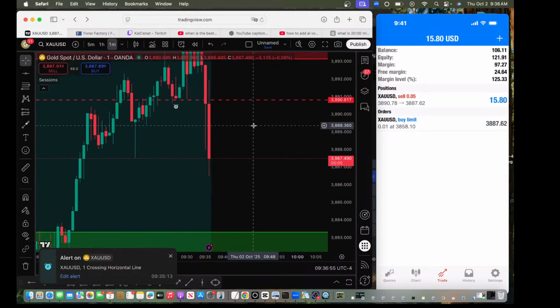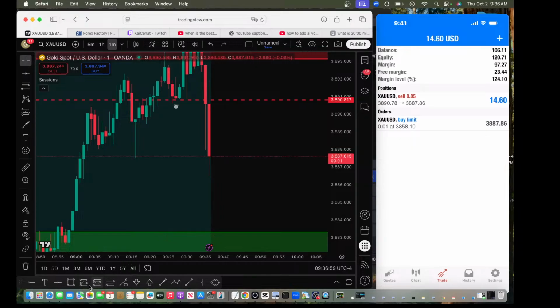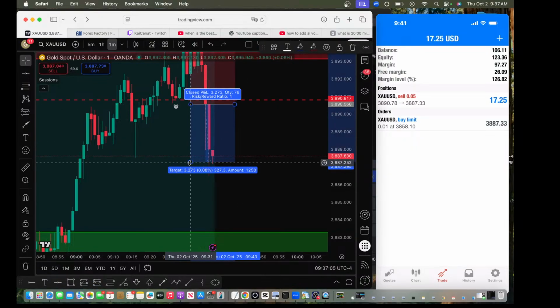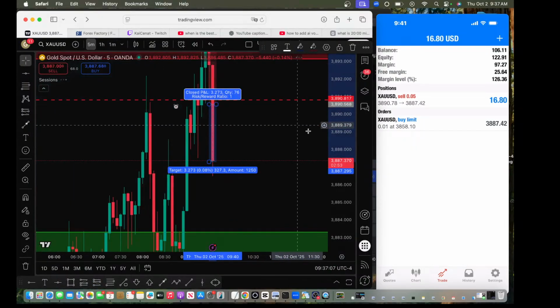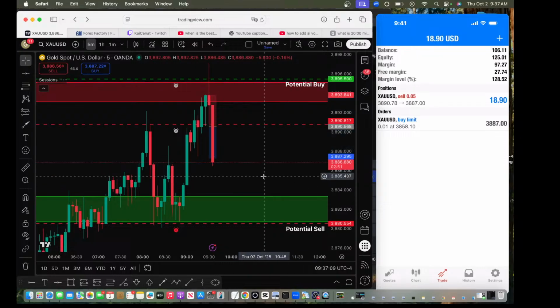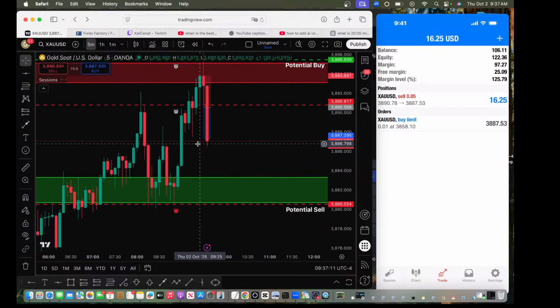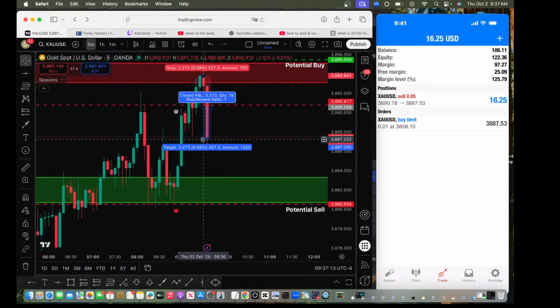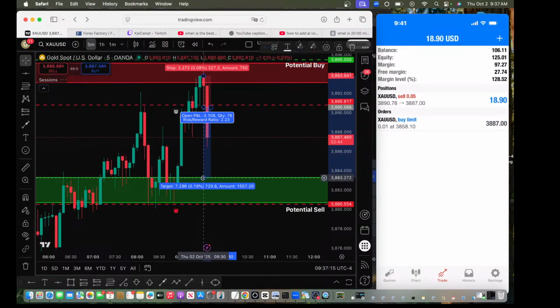All right, so boom. Let me show you where I could take this trade to. We go to the 5-minute time frame, and then we look for the area of support, which is down here.